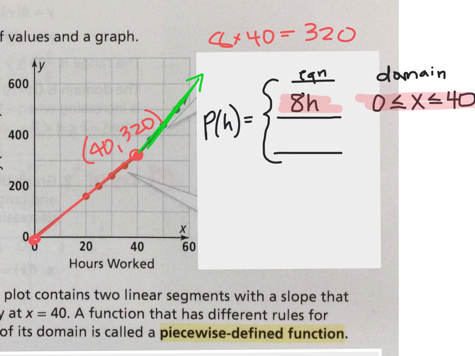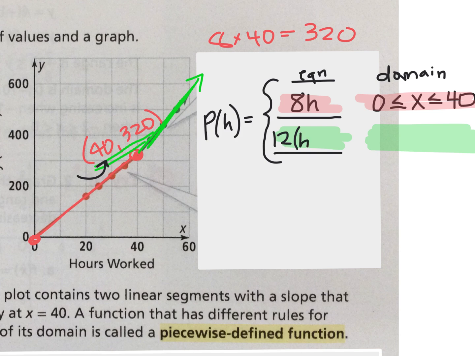All right, so now we're going to talk about the green section. And it would be really nice if we could just make it say 12h, but we can't because this doesn't start at 0 anymore. This is starting over here at this point, 40, 320. So as I go to write this function, it is going to be 12 for the rate, but I'm going to use my transformations. I pushed this over 40 to the right.